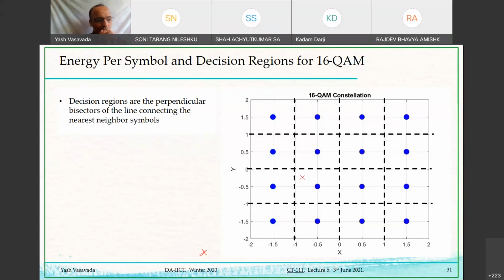For you to appreciate the core, the heart of machine learning, if you have understood this decision region diagram in the context of modulation schemes, or earlier in the context of channel coding, then you will be able to relate to the ML algorithms very well.